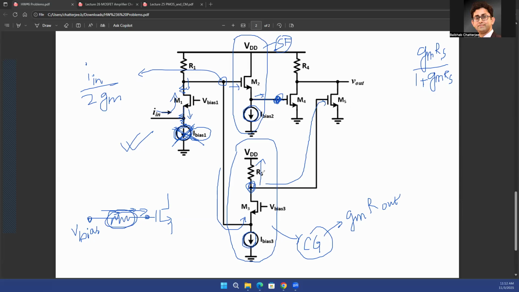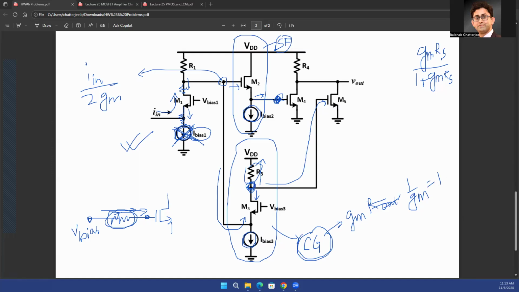So R3 in parallel with infinite, and also you'll see another resistance looking down over here that is also infinite. So you'll see just the R3 resistance, which is 1 upon gm. So gm multiplied with 1 upon gm, because your R out is equal to 1 upon gm in this case, according to the problem, because all the resistances are equal to 1 upon gm. That's what is given in the problem. So the gain of this common gate stage is also almost equal to 1.